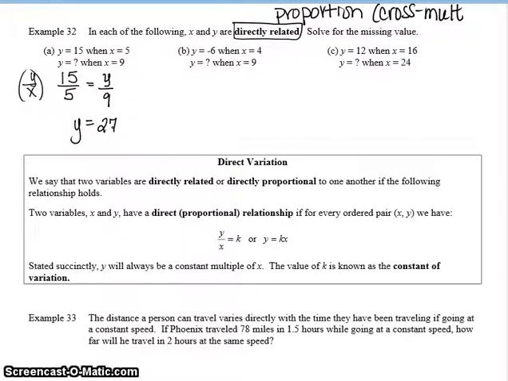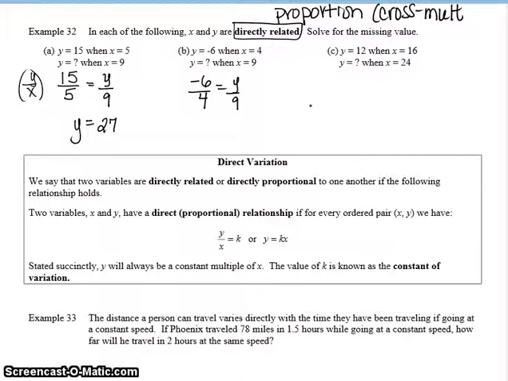Okay, you could also reduce that and realize that it has a scale factor of 3. So 15 divided by 3 is 5, so then you could say what divided by 3 is 9. So you could use mental math there, but not all of them work out nicely, like you'll see in this next one. So ready? Negative 6 over 4. So y over x is y over x.